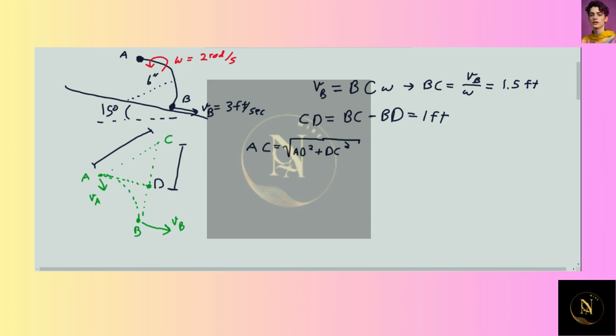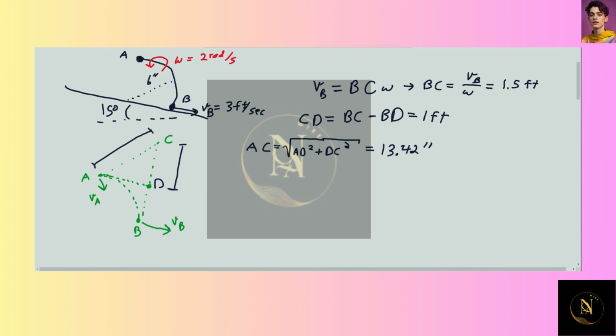AD is just 6 inches or half a foot, since that's just the radius of the circle again. DC we found was 1 foot. So this gives us about 13.42 inches, which we can divide by 12 to get the feet. I'm not going to do that at this second.